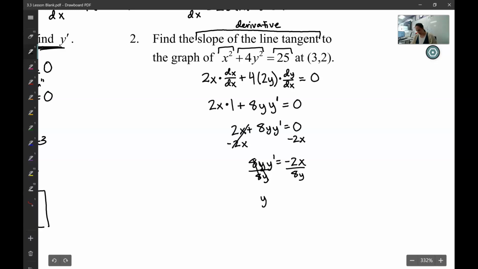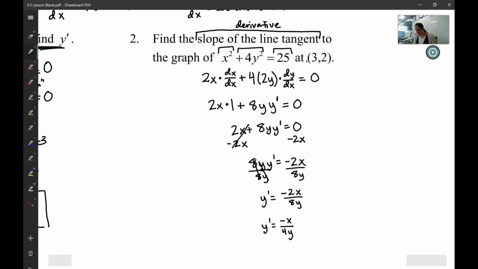So then I get y prime by itself. Now, I can simplify this. So I've got y' equals negative x over 4y. Now, that is the equation for the derivative.